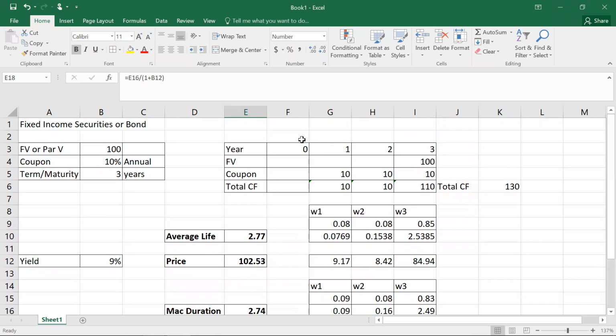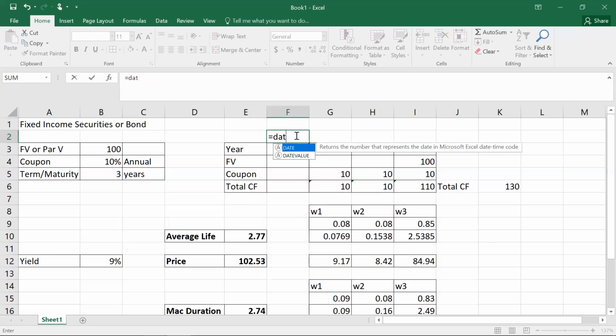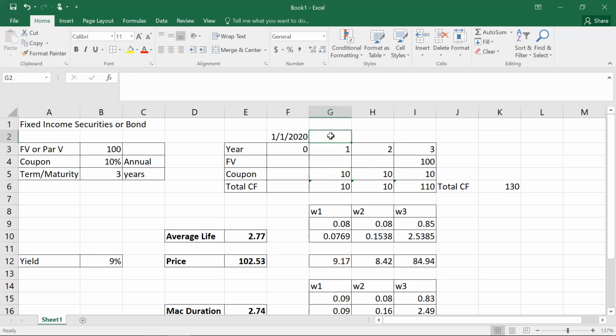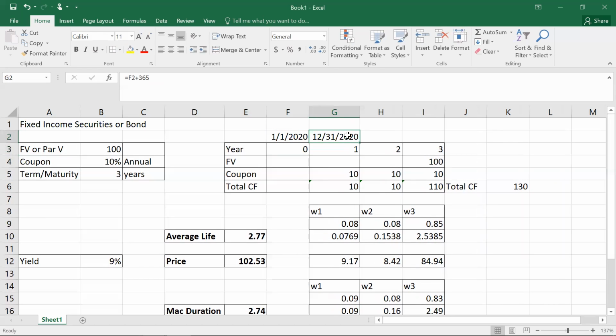The second way is this. Suppose this zero time is 1st January 2020. So 1 year will be this plus 365 days.